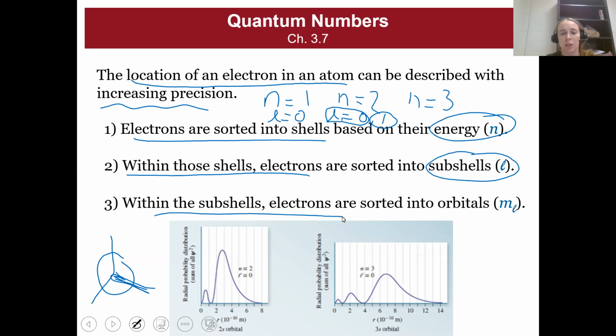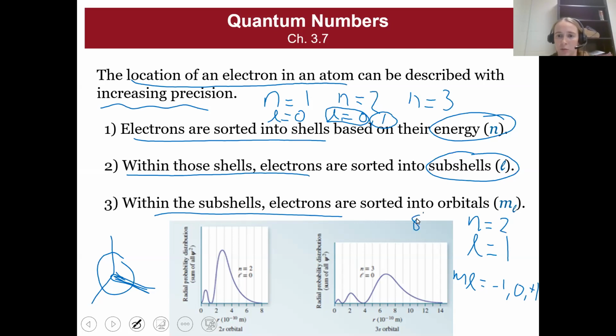All right, so what about within subshells? Within subshells, electrons are sorted into orbitals. So, for example, if L equals 1, m sub L can be -1, 0, or +1. So those are the orbitals.